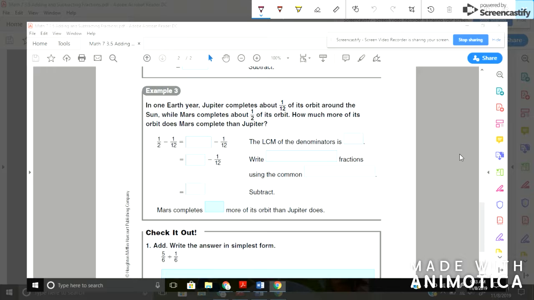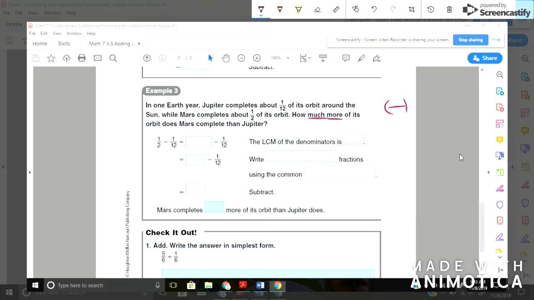Okay, so when they ask how much more, that's a good indication that we're going to be using subtraction. That's kind of a key word right there. So we're going to take Mars and subtract Jupiter's from it. So we're going to take a half.